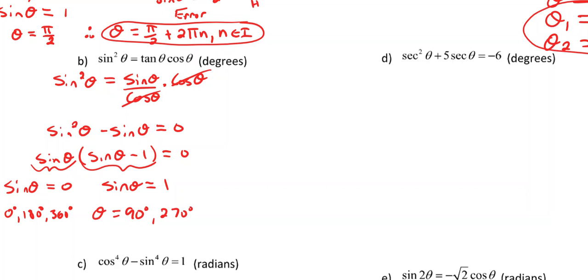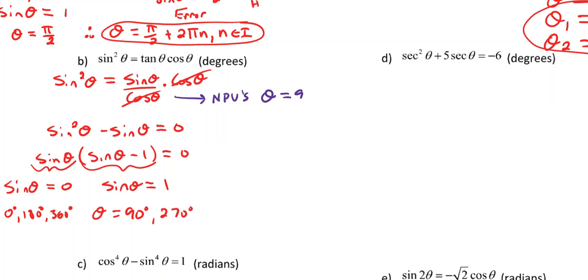Now, before we get going, one thing we probably should have done right off the bat was figure out what our solutions can't be, right? What are the solutions that aren't allowed? What are our MPVs from when we were dividing by cos to begin with? Well, in that case, our MPVs would have been angles where cos is equal to 0.